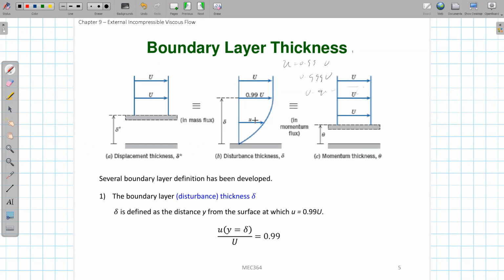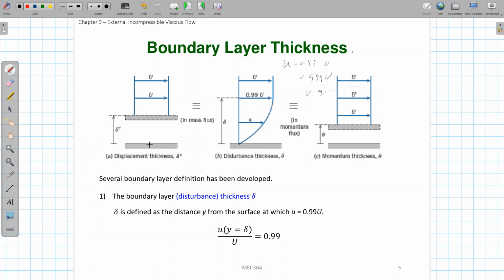And we try to find a small distance like a delta star such that this effect of reducing mass flow rate is just equivalent to if you move your plate vertically up with some small distance delta star.